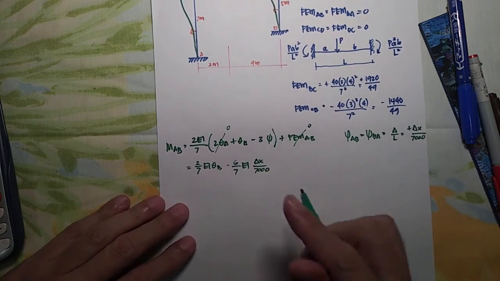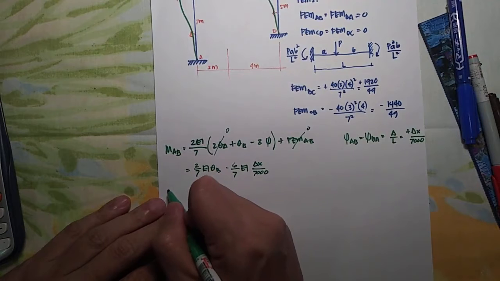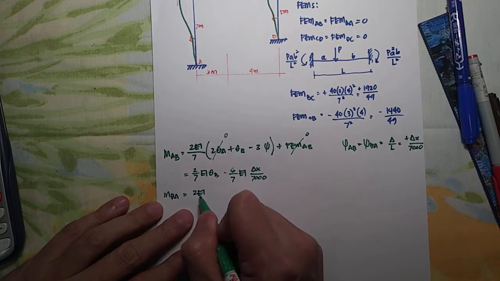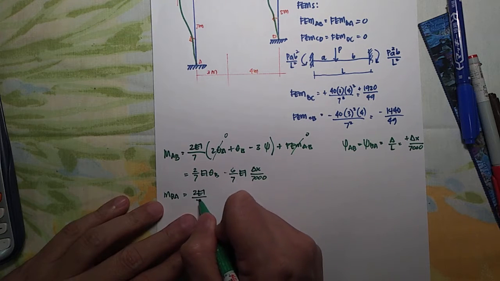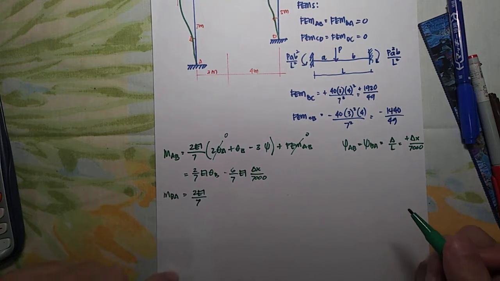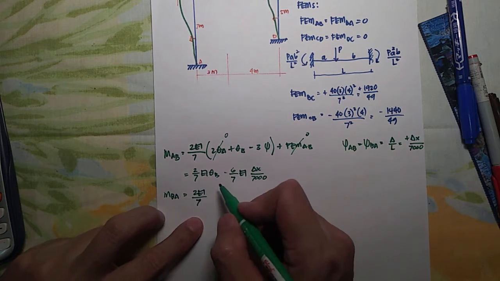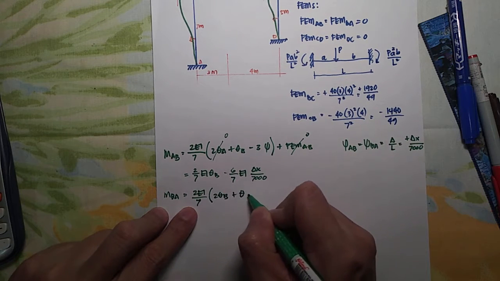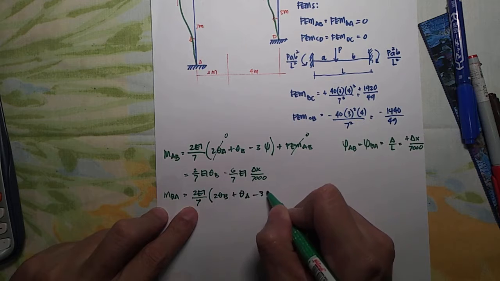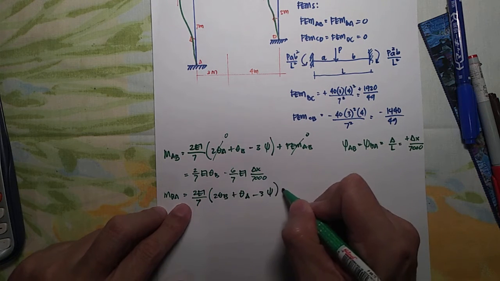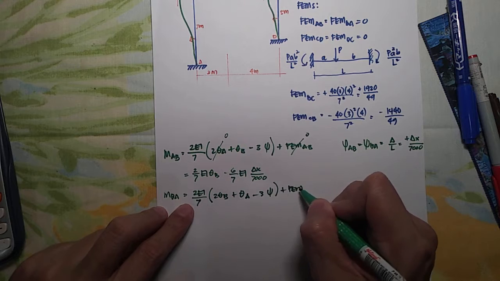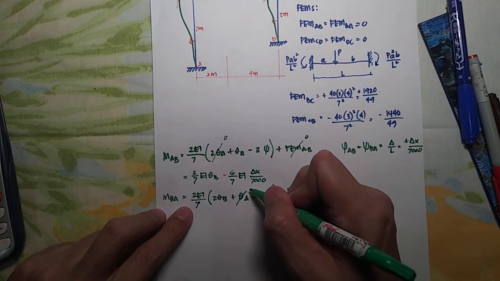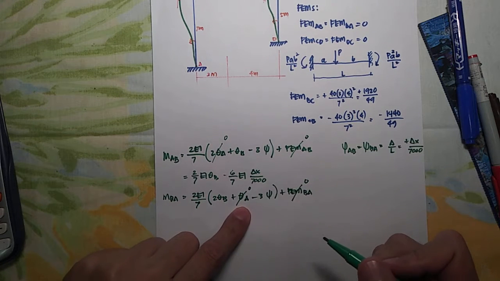That's one. Now, how about for member BA? For member BA, that is 2EI over L, again 7, times twice theta B plus theta A, minus 3 psi BA, plus the fixed end moment on BA. Fixed end moment on BA is 0. The rotation at A is 0.